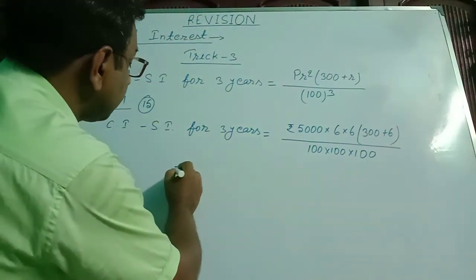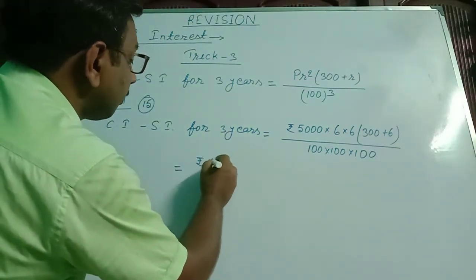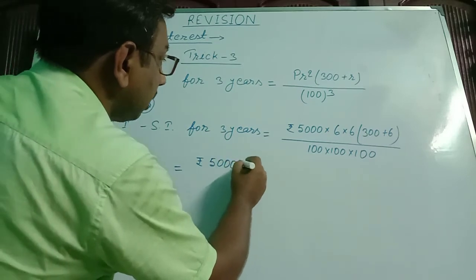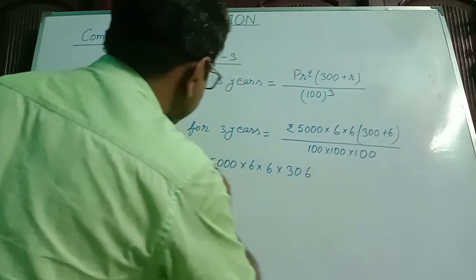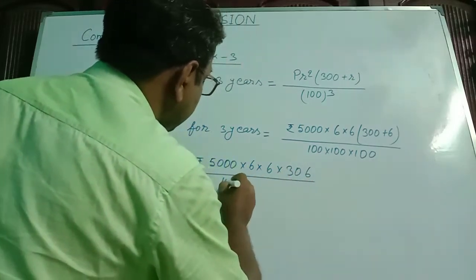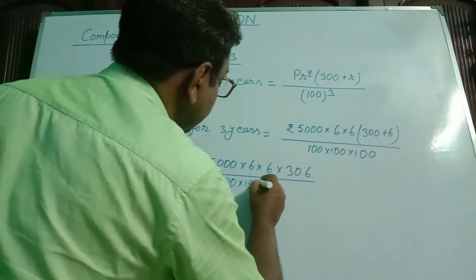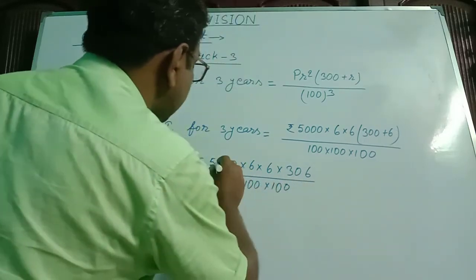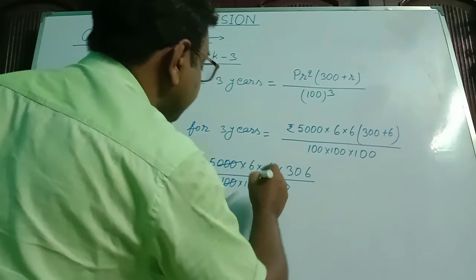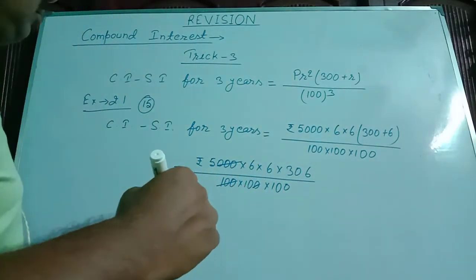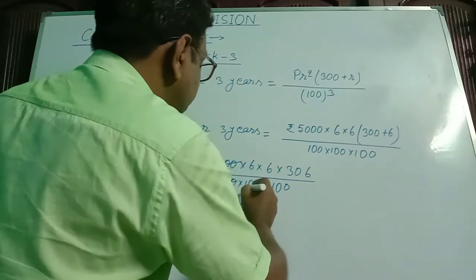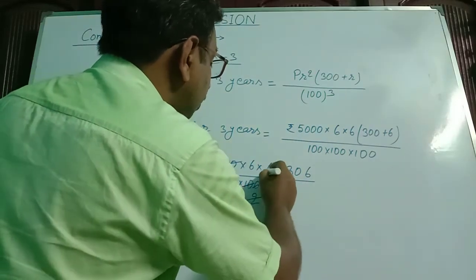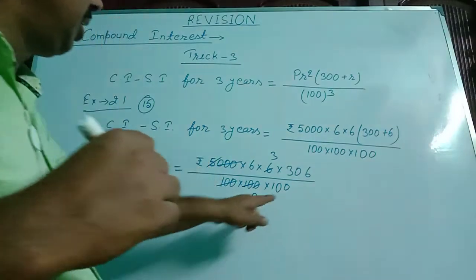Come here to solve this. Rupees 5,000 into 6 into 6 into 306 by 100 into 100 into 100. Here are 000, cancel it. Now this 000 are left. I think you can cut it. 5 2s are 10, 2 3s are 6. Let it remain 100.